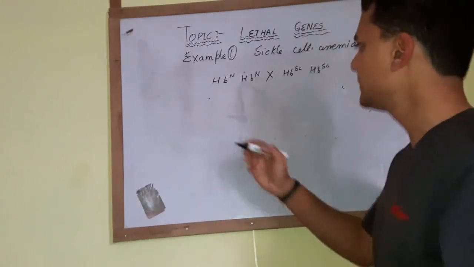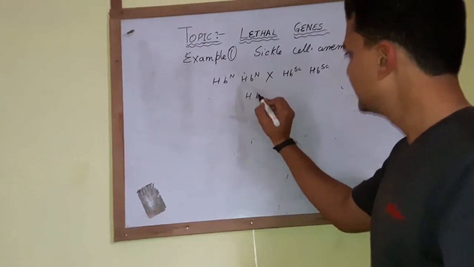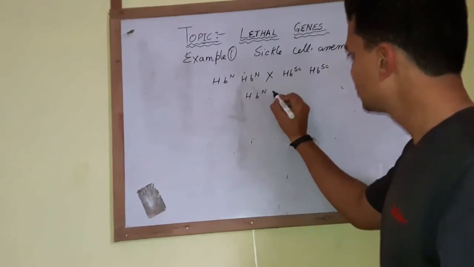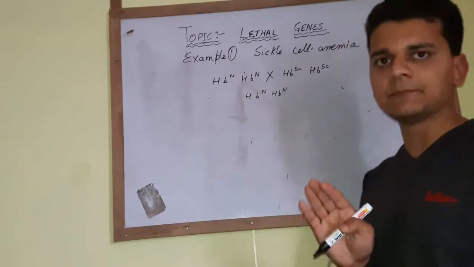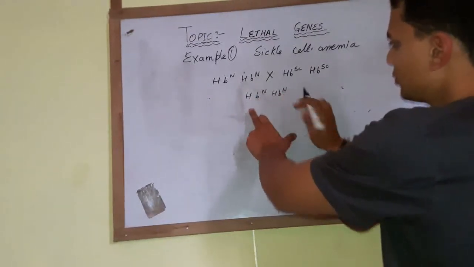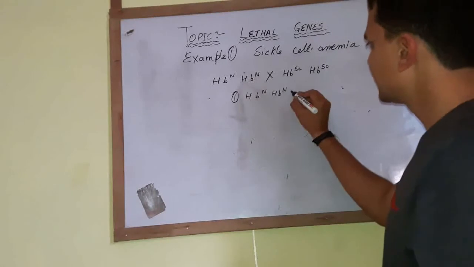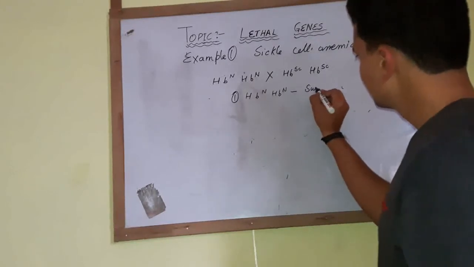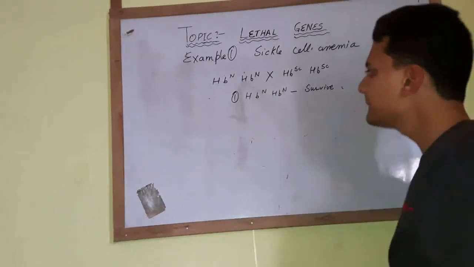What are the offspring? 4 offspring we will get, but we will consider only 3 offspring over there. The very first offspring is hemoglobin normal, which will survive and will not have sickle cell anemia.